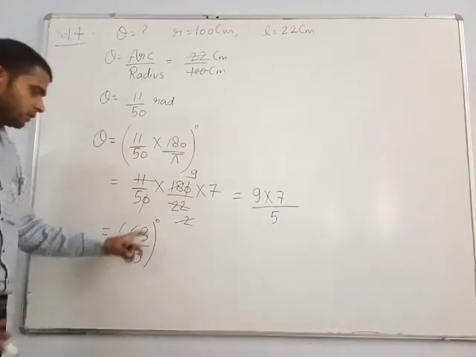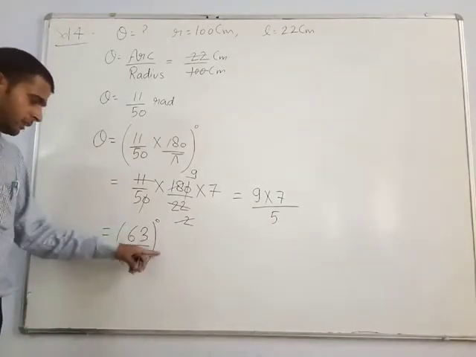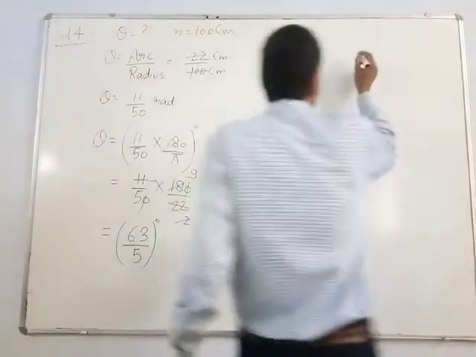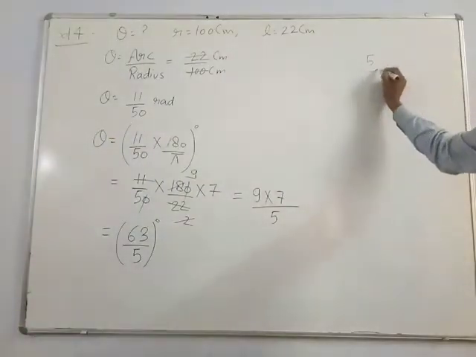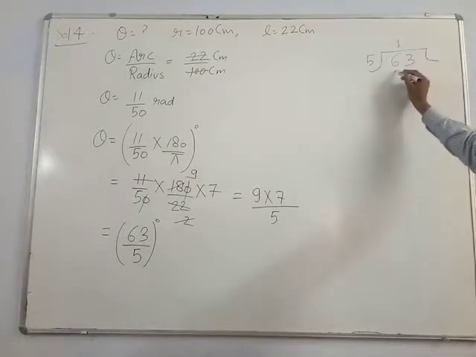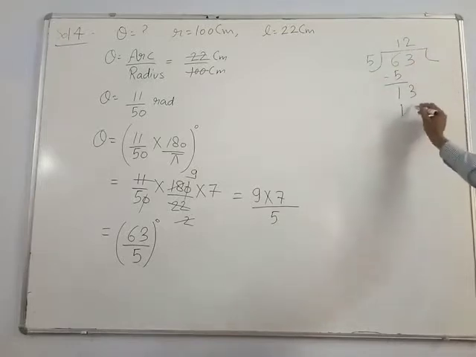When you find degree, you have to remove the denominator, so divide 63 by 5.